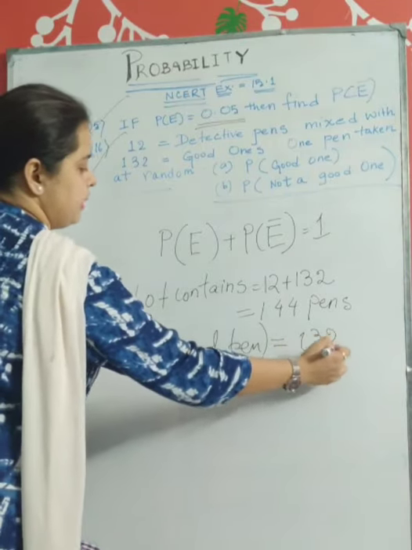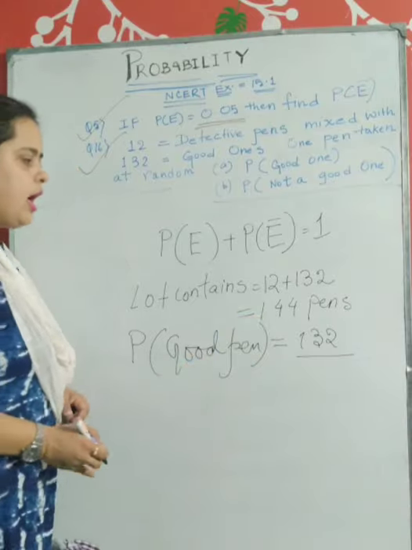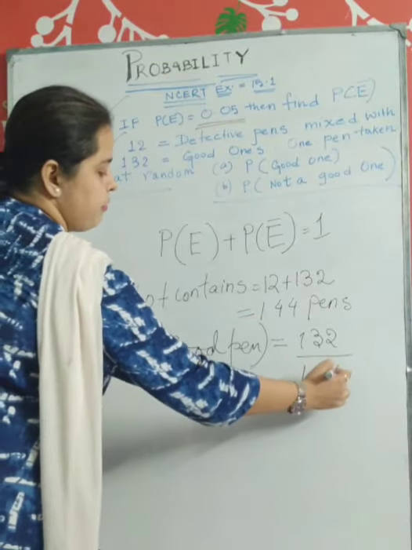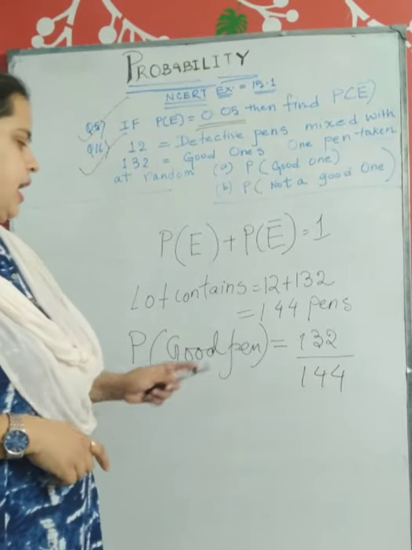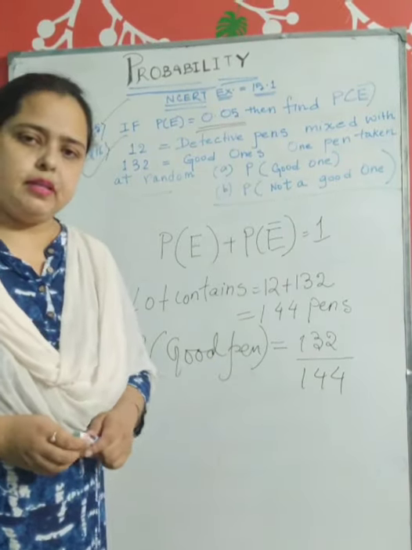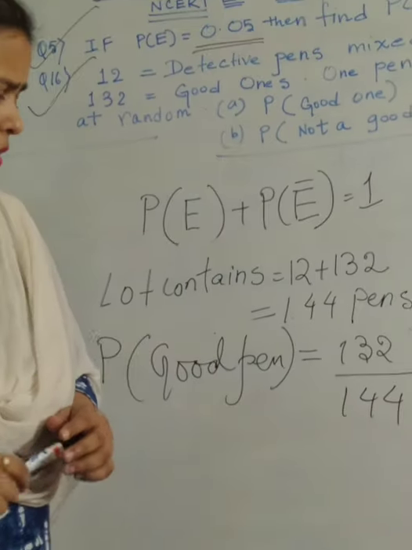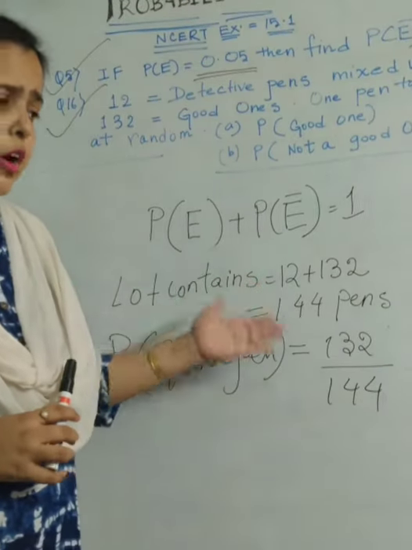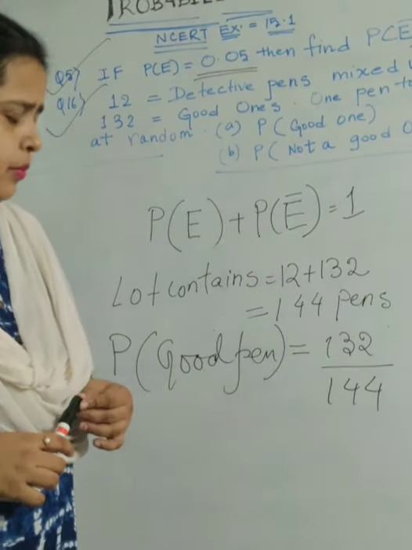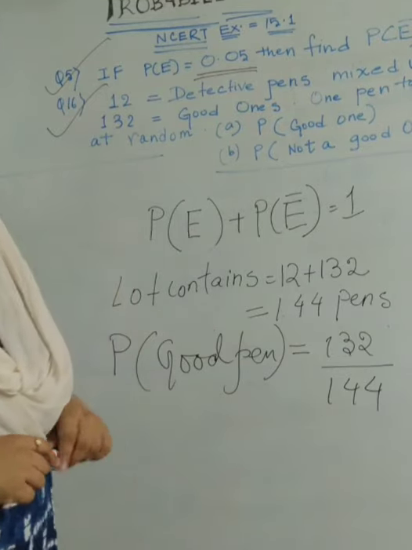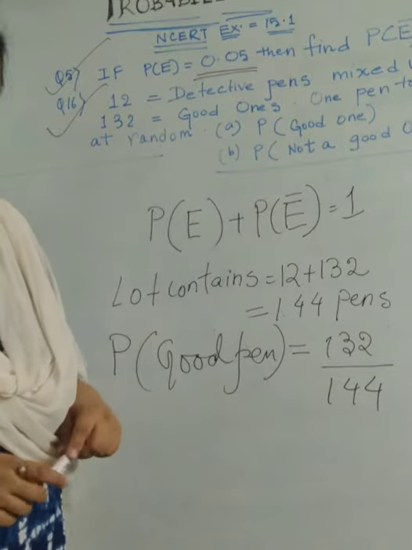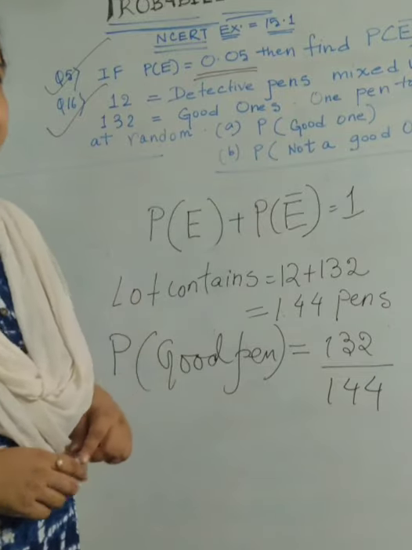They are the favorable outcomes to our choice, out of 144. So see children, I have applied just the simple formula here. Now what we will do, we have to go to the next problem to look at the second option, that is not a good one.